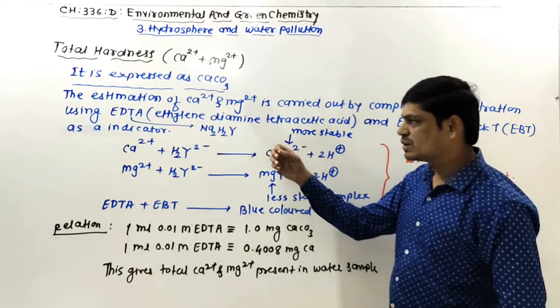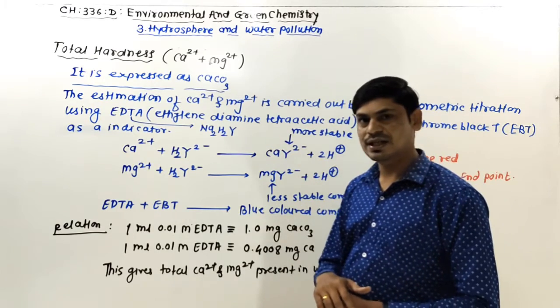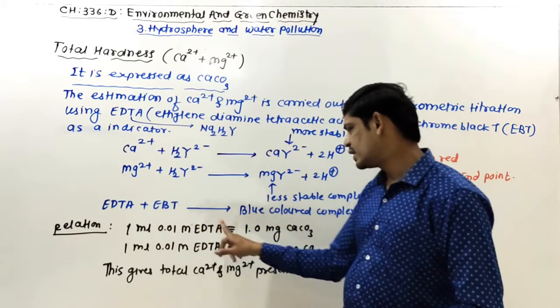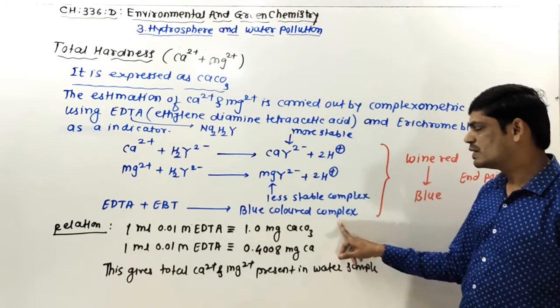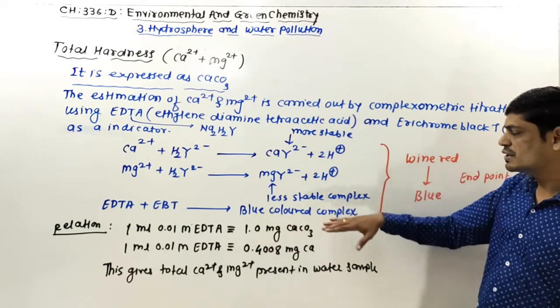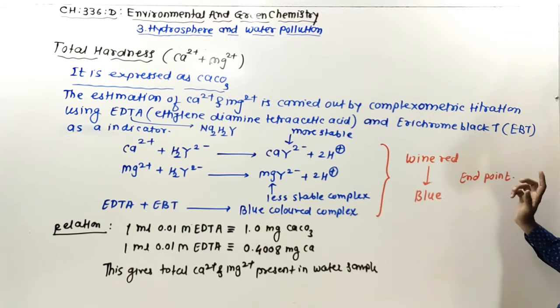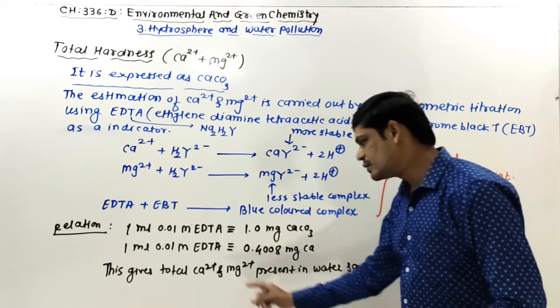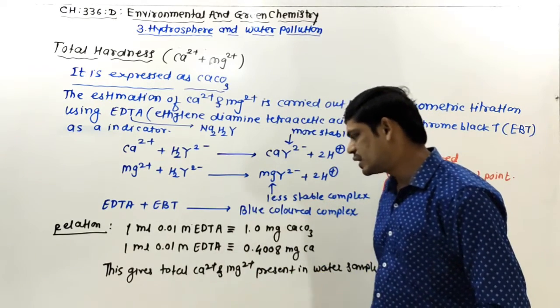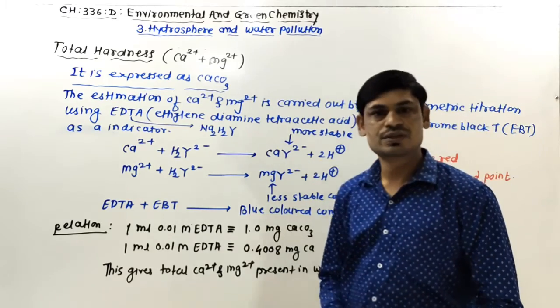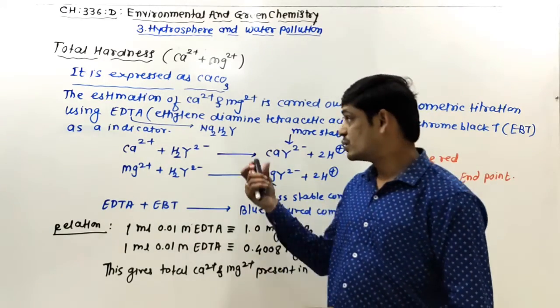Once the total Ca2+ and Mg2+ ions have interacted, the excess added EDTA will react with EBT indicator to form a blue color. It means the initial wine red color changes to blue. So the end point is wine red to blue. And from this titration, by using this equation, we can calculate the total Ca2+ and Mg2+ present in the water sample. So you just note all these data.